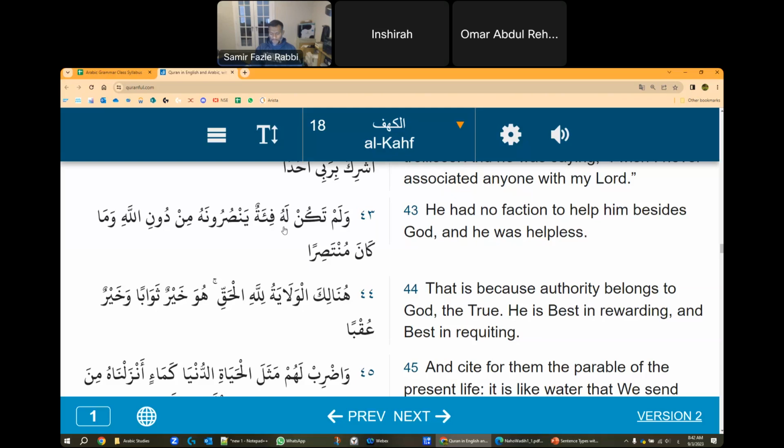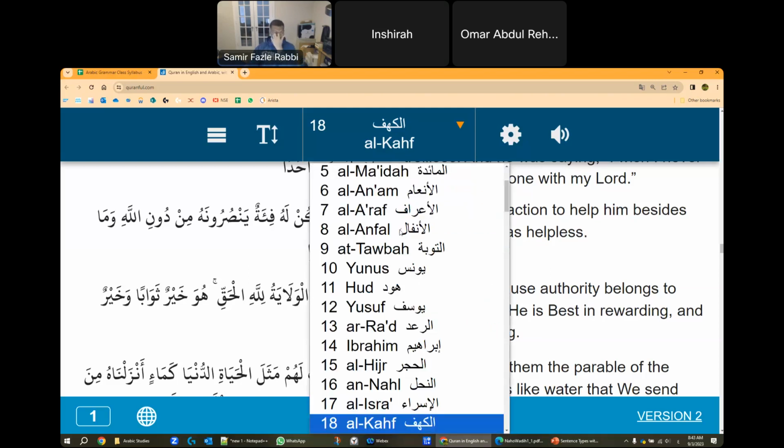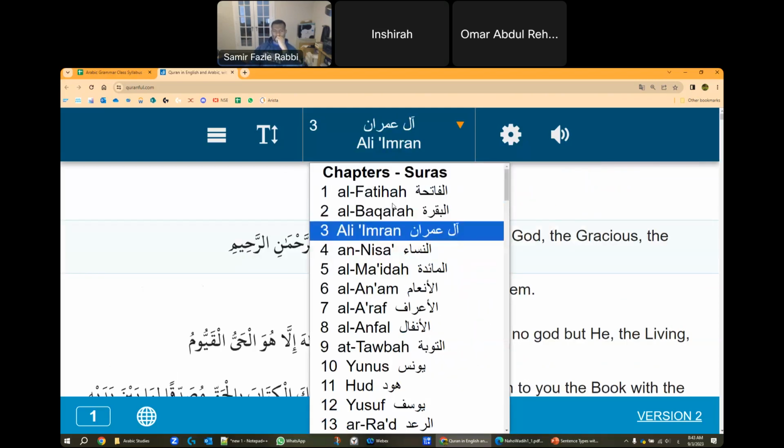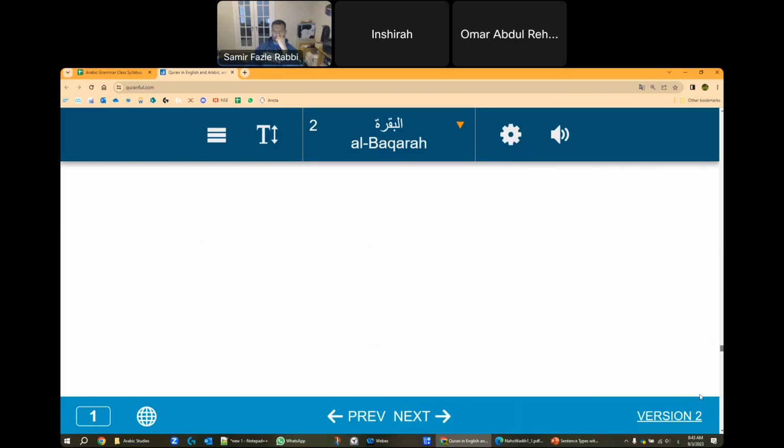We get way too many results. There's this. So this isn't a good example though, because it doesn't have both verbs in it.